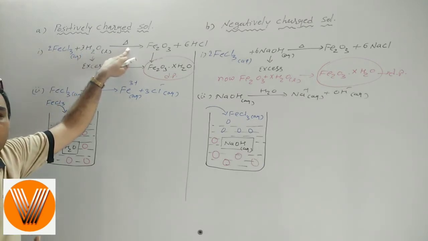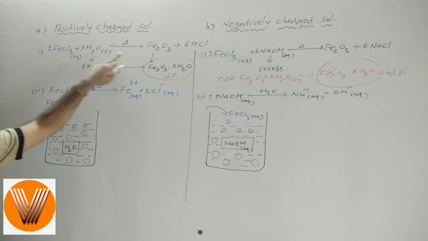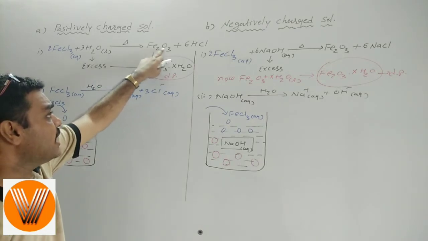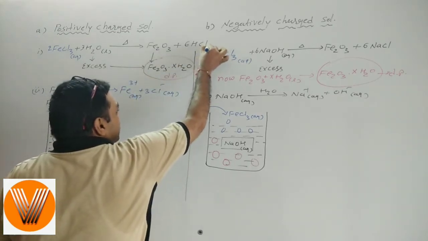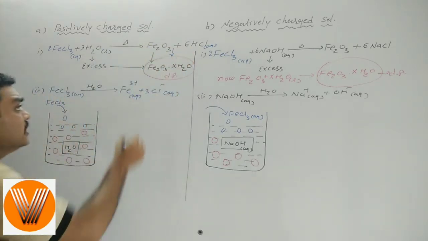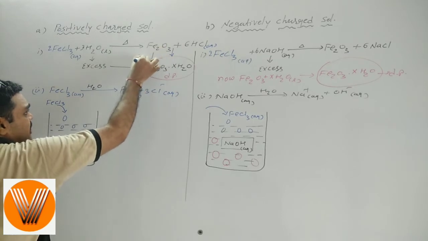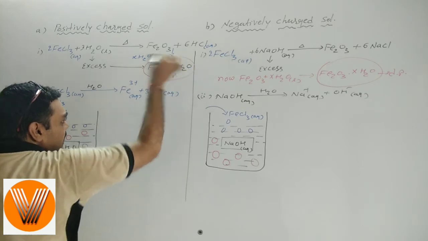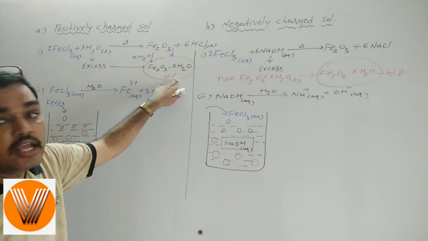It should not be boiling too much, and not too cool either. When added to warm water, it chemically reacts and converts into ferric oxide Fe2O3 plus 6HCl, which is in aqueous form, while the ferric oxide is in solid form. This solid Fe2O3 reacts with water molecules, XH2O, and Fe2O3·XH2O dispersed phase particle is formed.